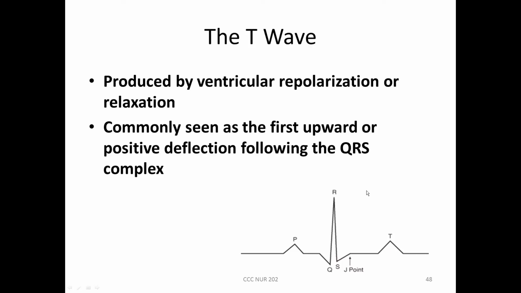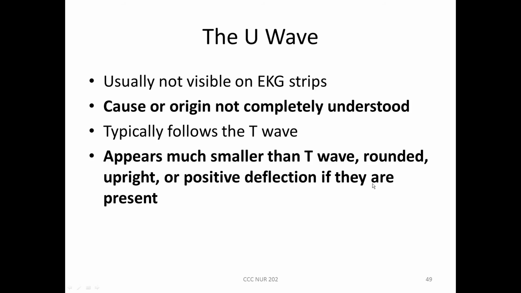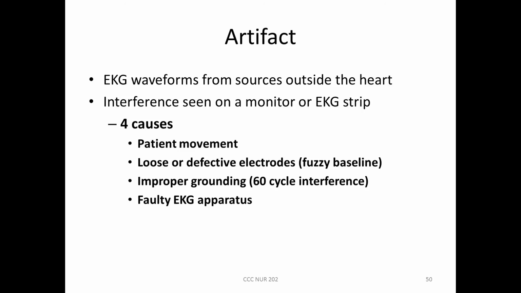The T wave is produced by the ventricular repolarization, relaxation, commonly seen as the first upward or positive deflection following the QRS complex. Usually the U wave is not visible, and you can read about that, but we're not going to be concerned about the U wave.